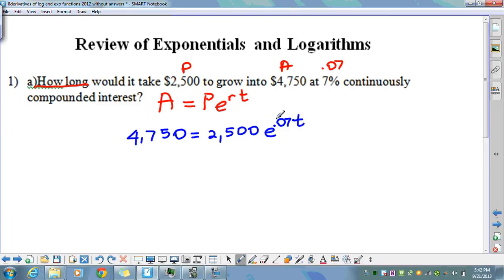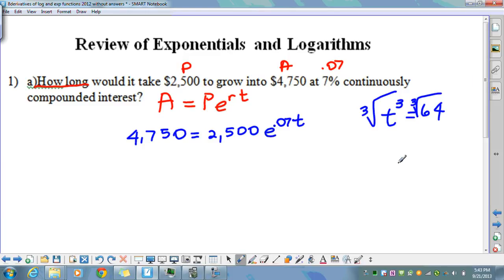Okay, notice that the unknown here appears in the exponent. Now, if I had an equation such as t to the third equals 64, how would you solve for t? Well, you could take the cube root of both sides, and you could get t equals 4.